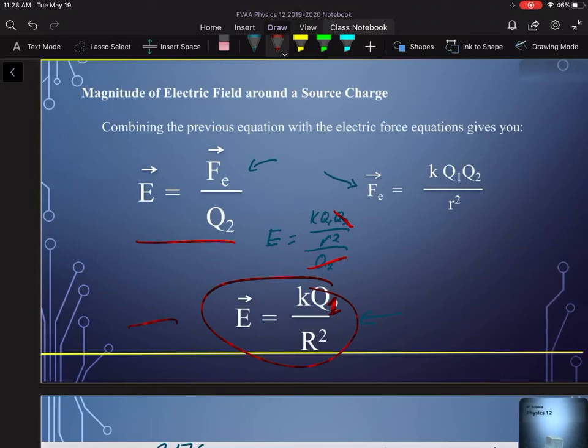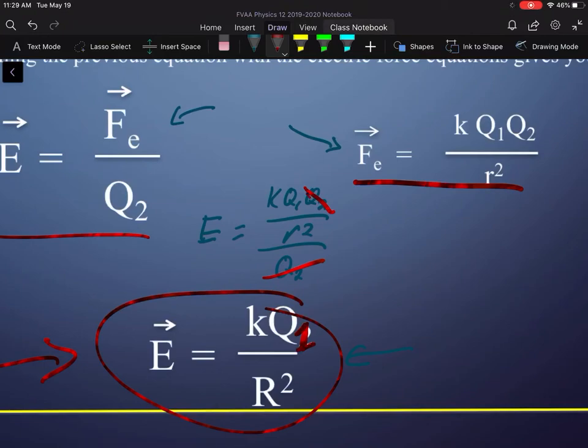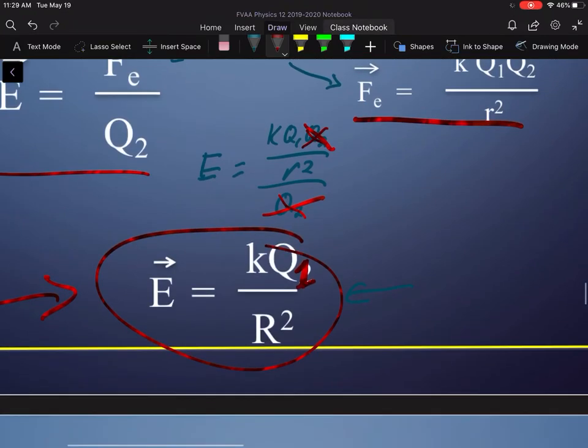The way that we get this equation is we combine it with our Coulomb's law equation for electrostatic force, which I did here, and then you cancel out the Q2s, and you're left with Q1. Now here in the original notes, for some reason, there was a 2 in the subscript. It should be a 1. It is a 1 in your textbook, so that's correct, though it's not in your formula sheet, so if you want, you can add that to your formula sheet.